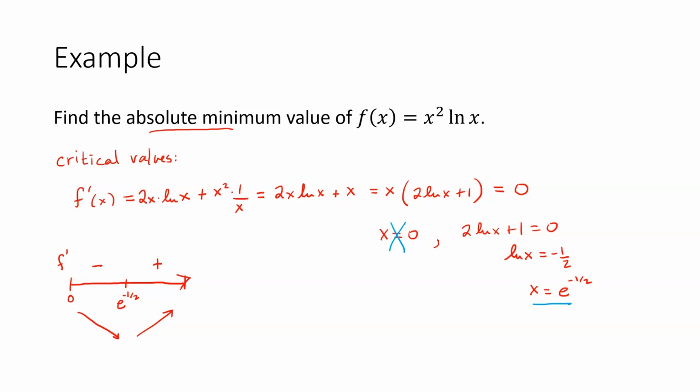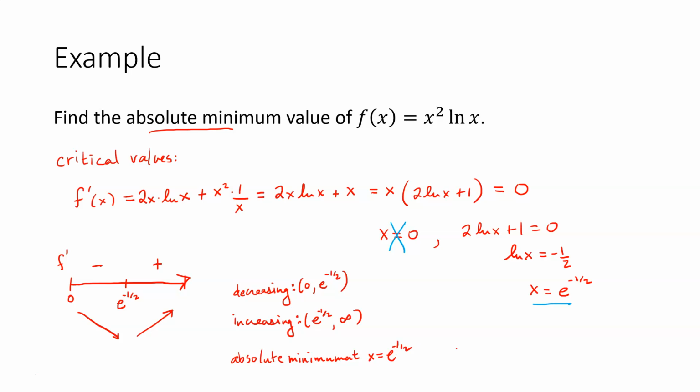In fact, that would be going till infinity there. So it'll be decreasing on the interval from 0 to e to the negative 1/2, and then increasing on the interval from e to the negative 1/2 to infinity. Therefore, we have an absolute minimum at x equals e to the negative 1/2.